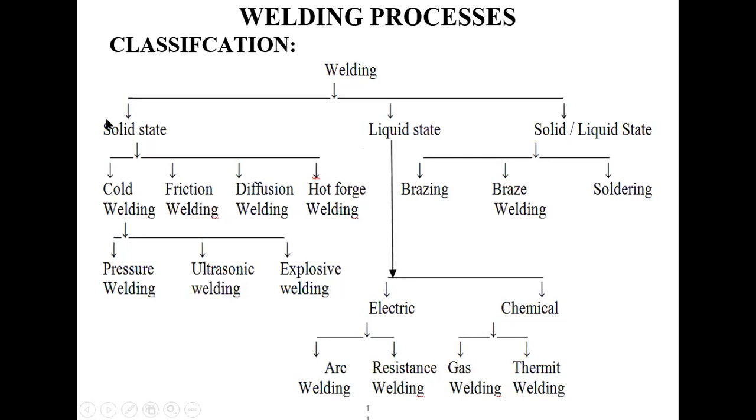In solid state welding there are various types of welding. According to the first year workshop syllabus, I am discussing arc welding and gas welding, and we are also going to discuss resistance welding and spot welding.